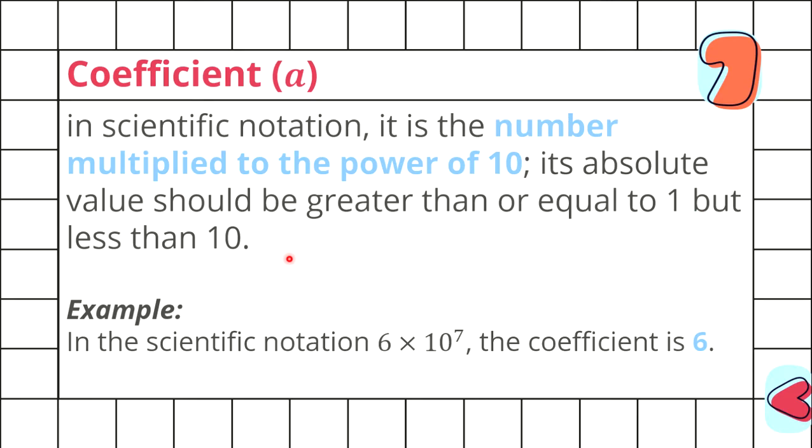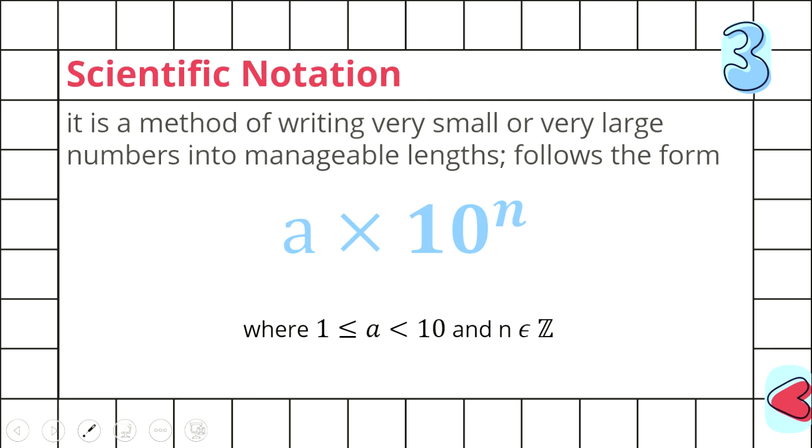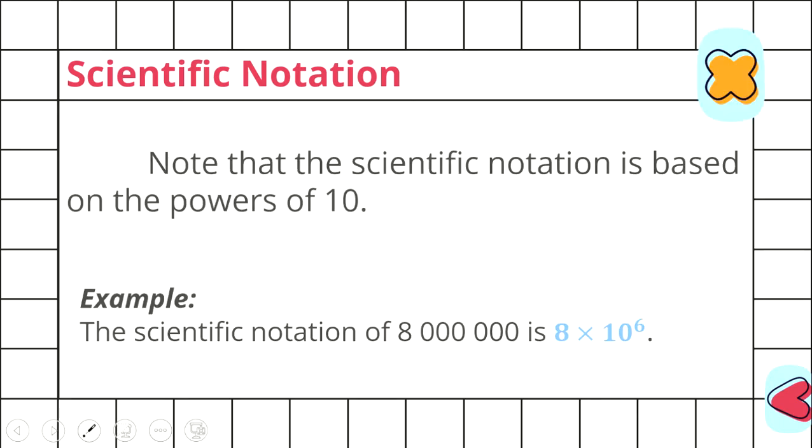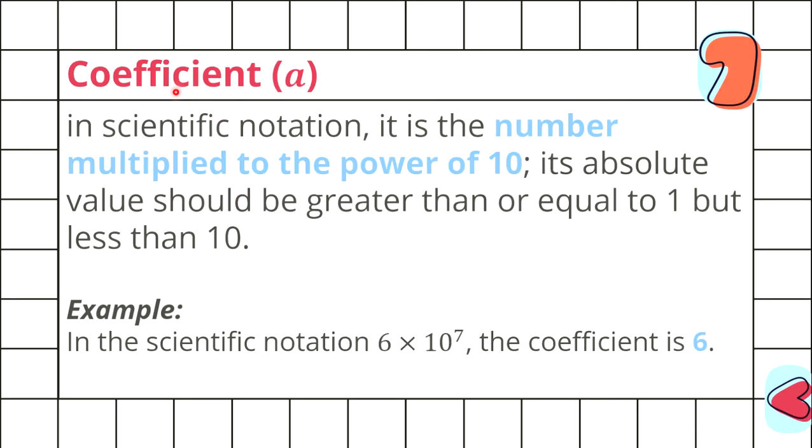That was our condition earlier. Again, that is called our coefficient. In the example 6 times 10 raised to 7, our coefficient is 6.